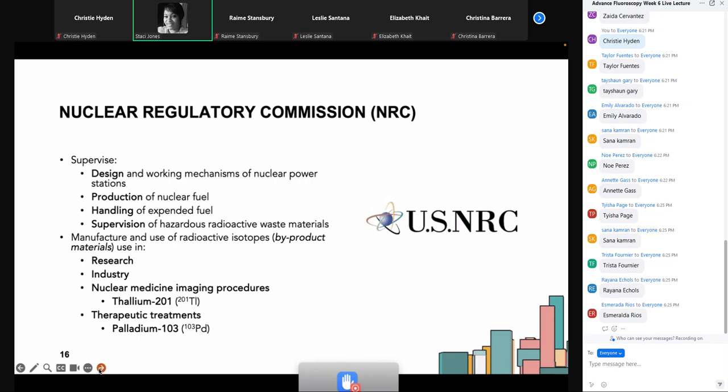So if you work at a facility that has a nuclear medicine department, you probably will hear about the NRC, because the NRC does play a part on the nuclear medicine side if they do different types of imaging procedures, and if they use thallium 201, which is a radionuclide.